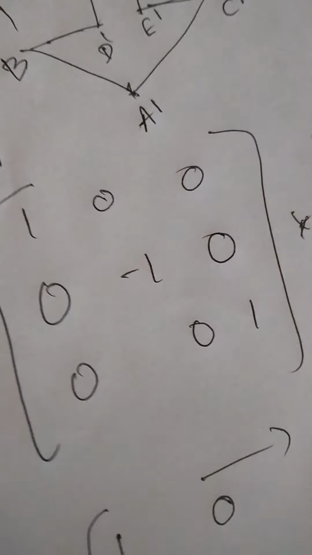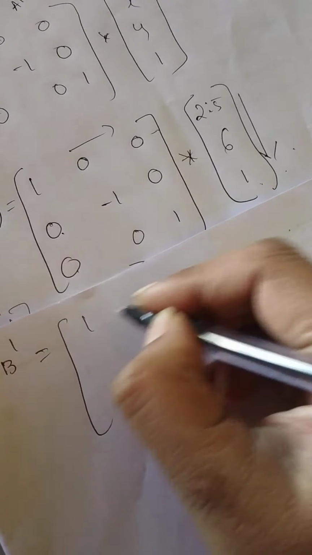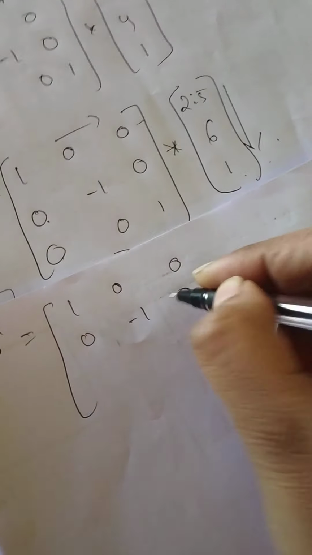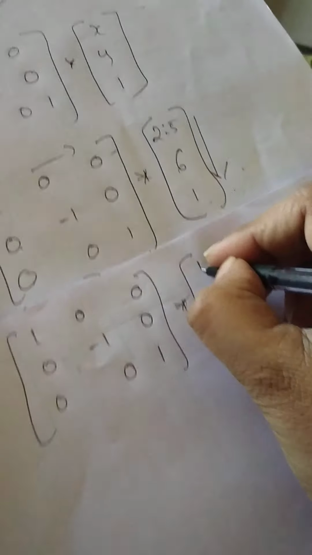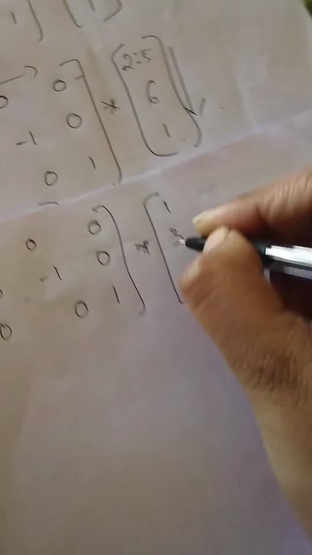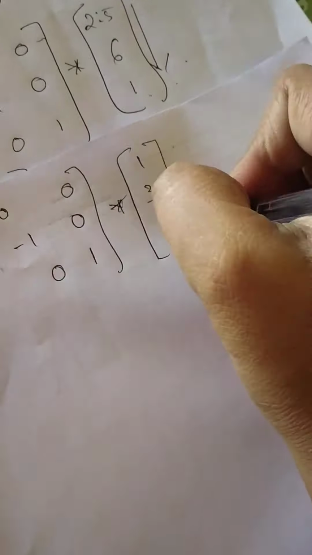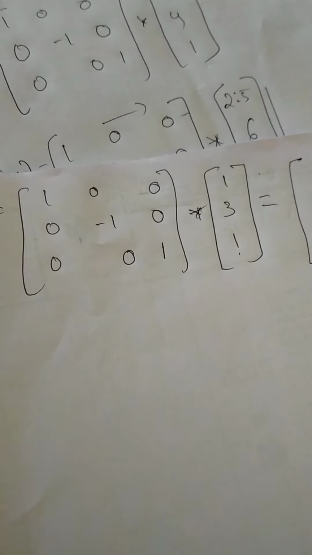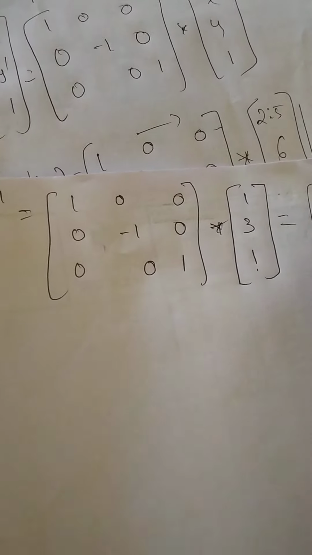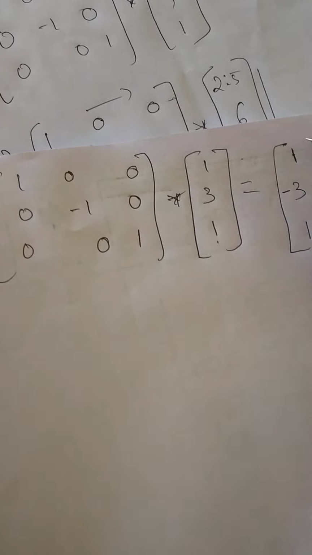Now you have an A dash. Now take B dash. B dash can be found in the same way: 0, 0, 1 into B, which is 1, 3, with homogeneous coordinate 1. If you perform the multiplication, you get 1 minus 3 1.